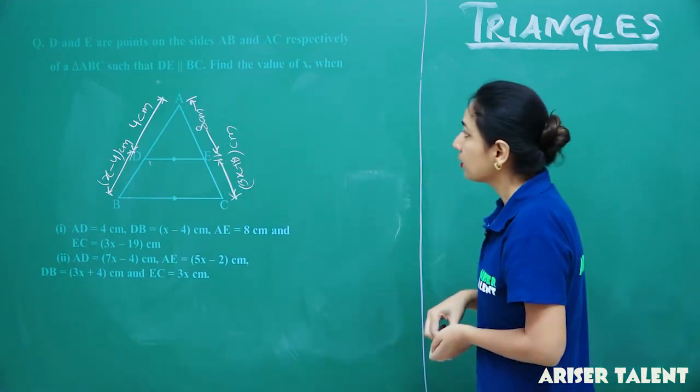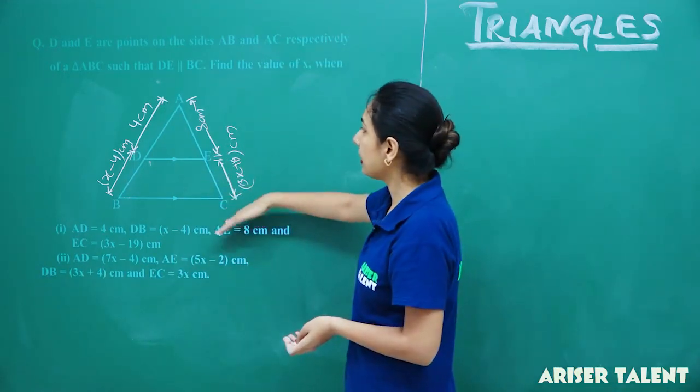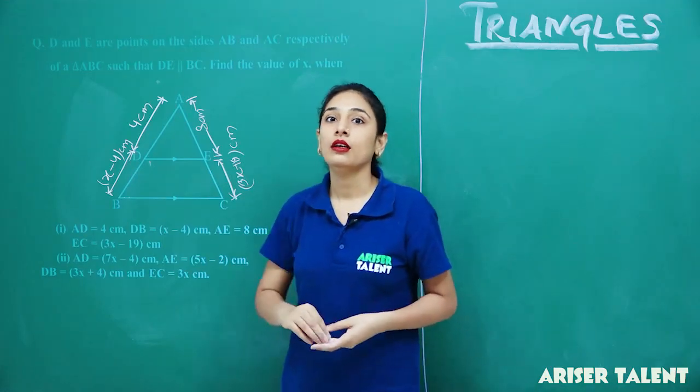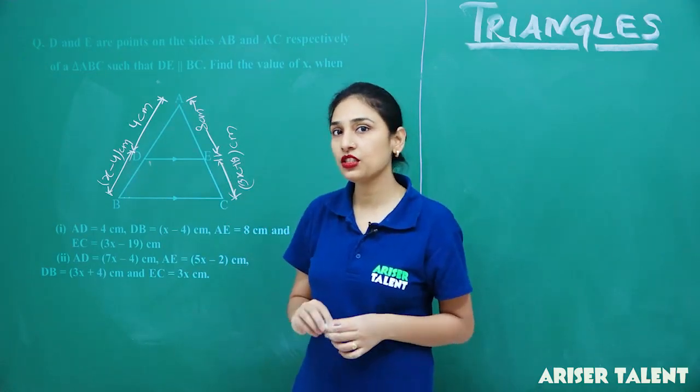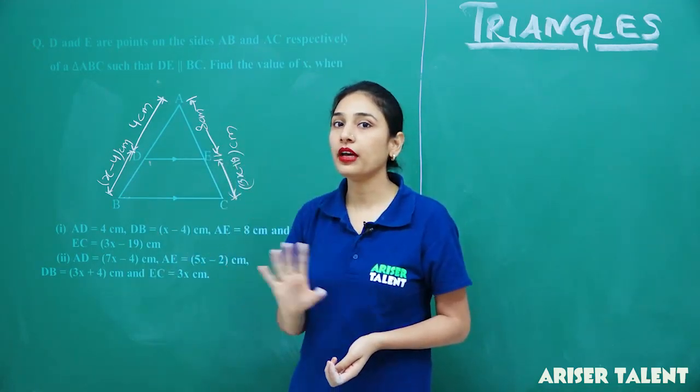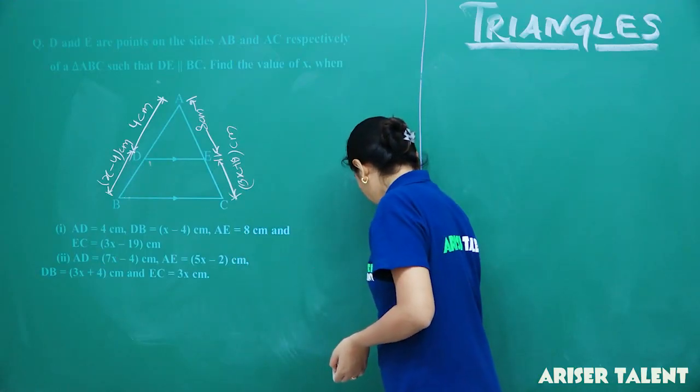So we are given these values in the first case. Now we know we have read Thales theorem, so we are just going to do that proportional thing and find the answer very quickly.